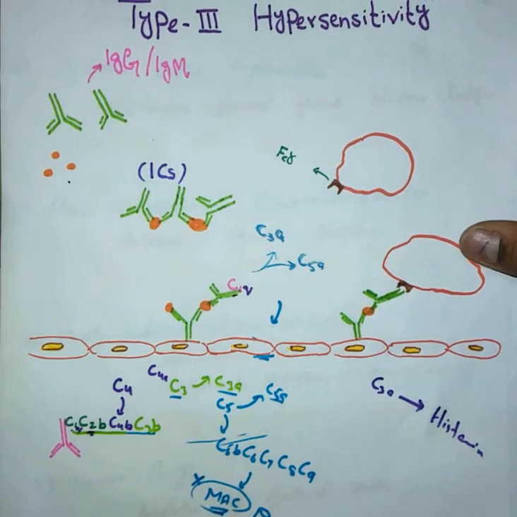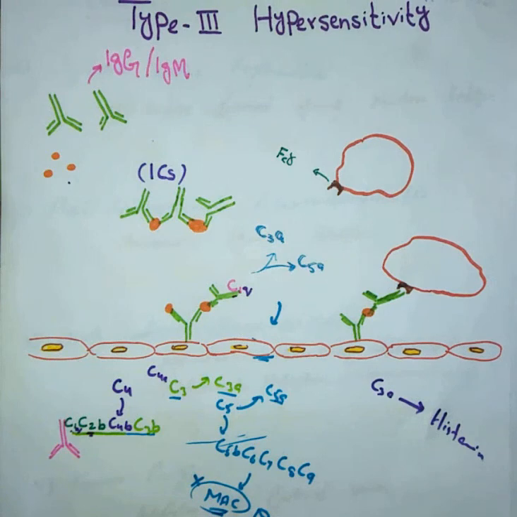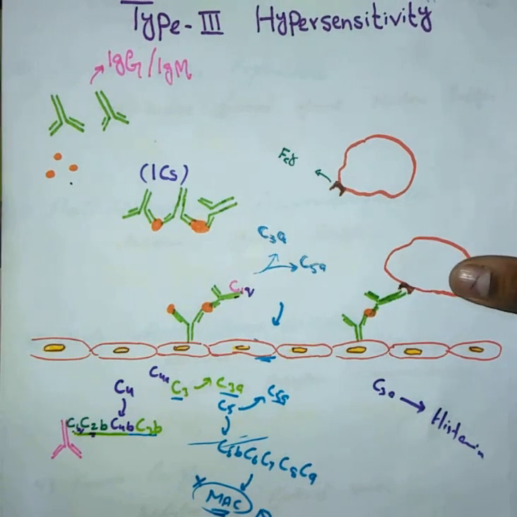It causes inflammation, redness, leakage of fluid, bronchoconstriction, and difficulty in breathing. So histamine is a very pro-inflammatory molecule.